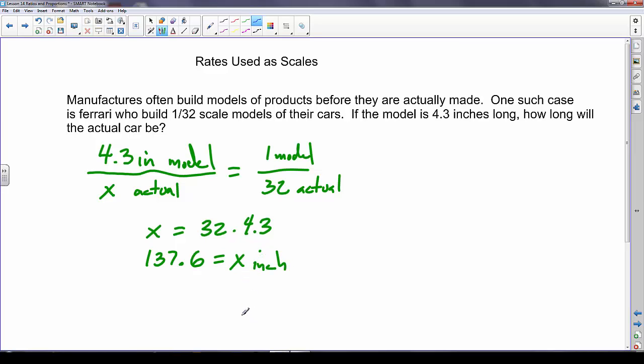If I want to know how many feet that car is in length, I could take and divide that by 12. Doesn't ask me to, but I will for kicks. This will give me the number of feet. So the car is roughly 11.46 feet, which isn't very big, so it's a tiny guy.